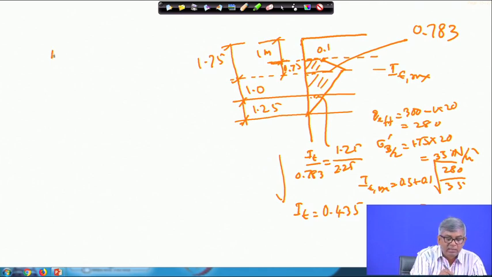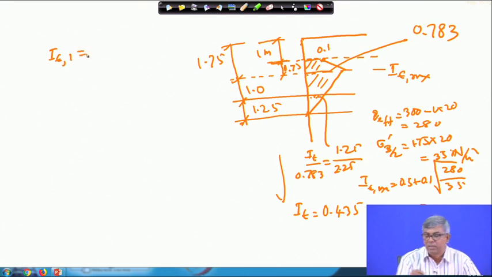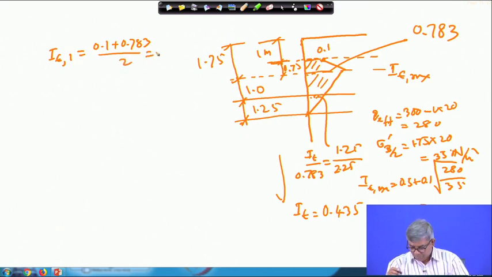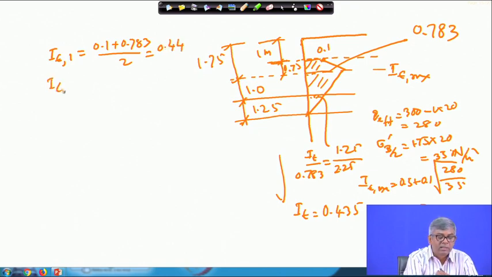So, I epsilon 1 will be how much? So, I know 0.1 here and 0.783. So, it will be 0.1 plus 0.783 divided by 2, that will be equal to 0.44, and I epsilon 2 will be equal to this plus this by 2.